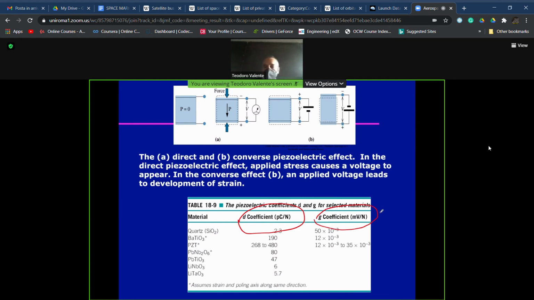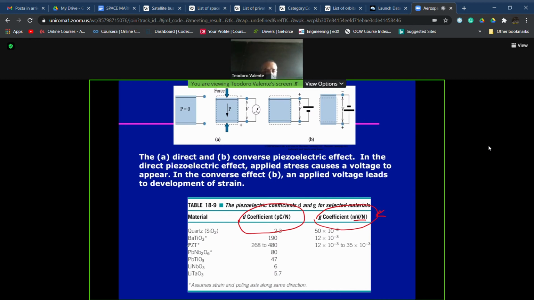This G is essentially more used, which, as you see, in a linear array, the unit of measurement is millivolt per Newton, and it is able to tell us, for example, how many millivolts are generated when we apply a certain value of Newton, for the direct piezoelectric effect. And so this can be used, for example, for making some calculations.